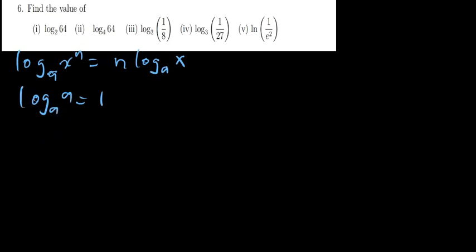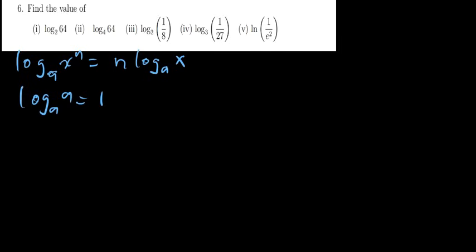So we are using the same properties. I'll just rewrite them here. We said log base a of x to the power n is n log base a of x. We said log of the base itself is 1. Same applies to ln, if you have got ln.